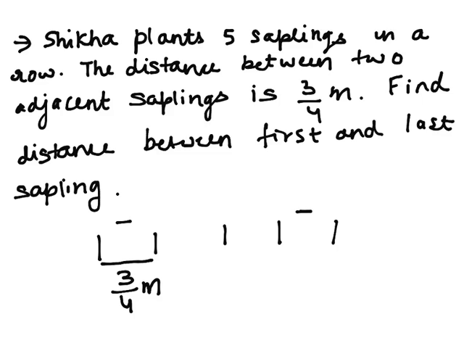So here clearly we can see how many gaps between adjacent saplings we have: 1, 2, 3, 4, right? And the distance between two adjacent saplings is given as 3/4 meter.